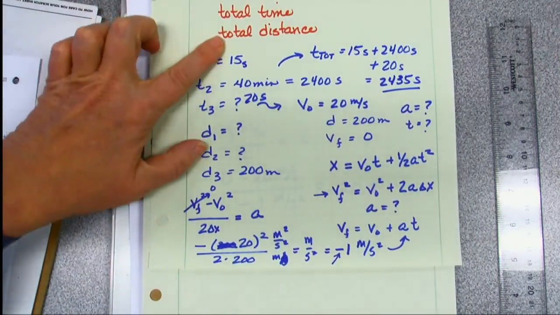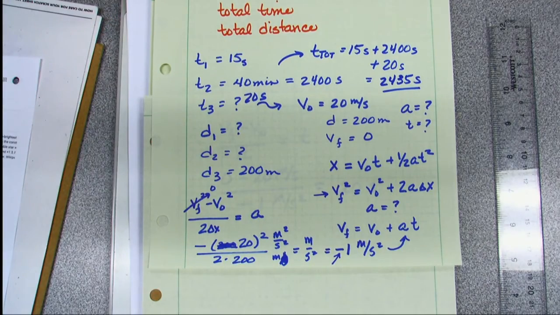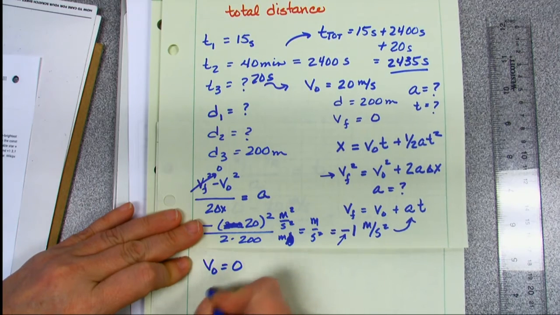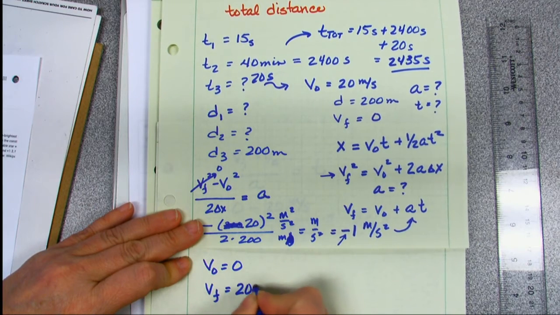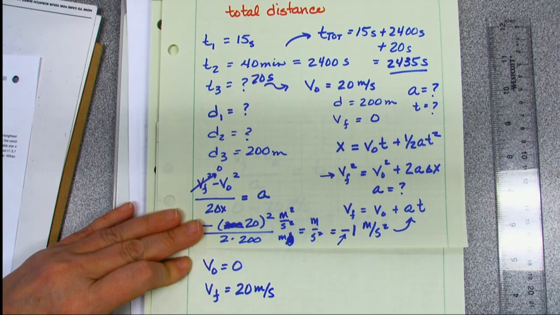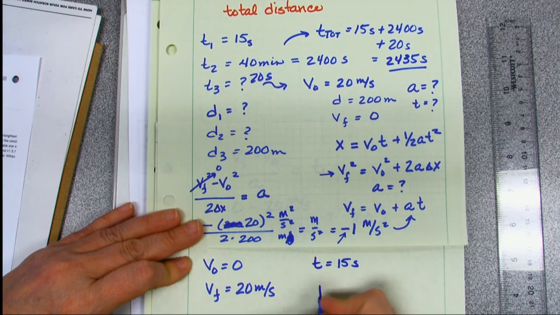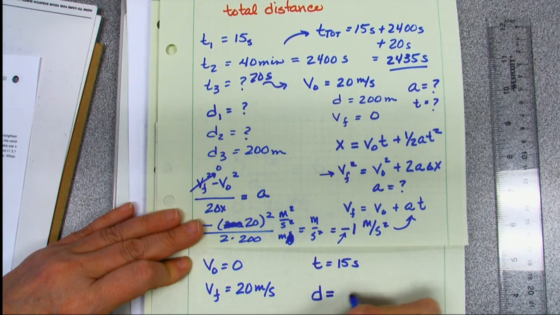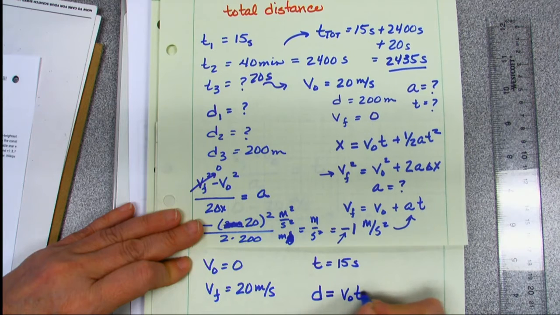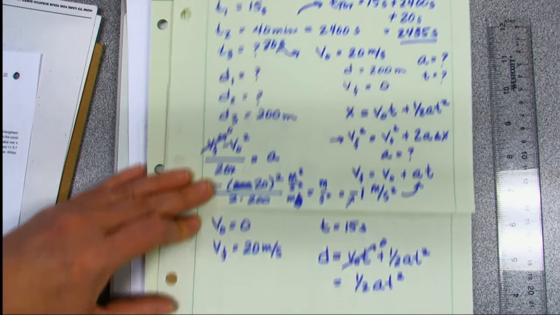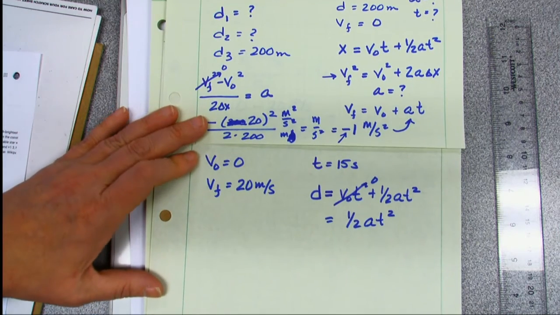Now let's calculate total distance. For the first part, I have an initial velocity of 0, a final velocity of 20 meters per second, and a time of 15 seconds. I want to find distance, so distance equals v naught t plus 1/2 a t squared. The first term is 0, but I need acceleration, so I have to calculate it.